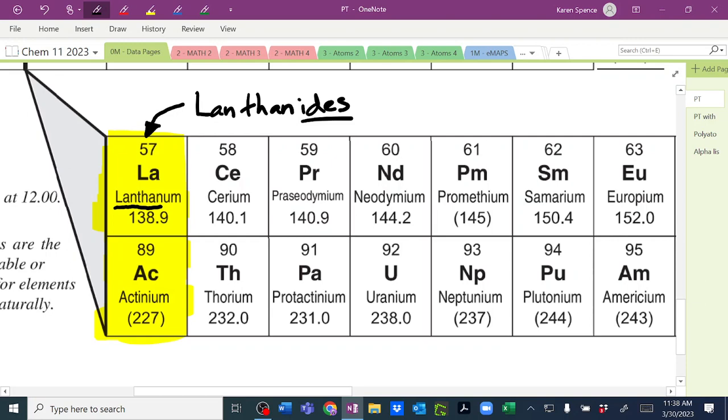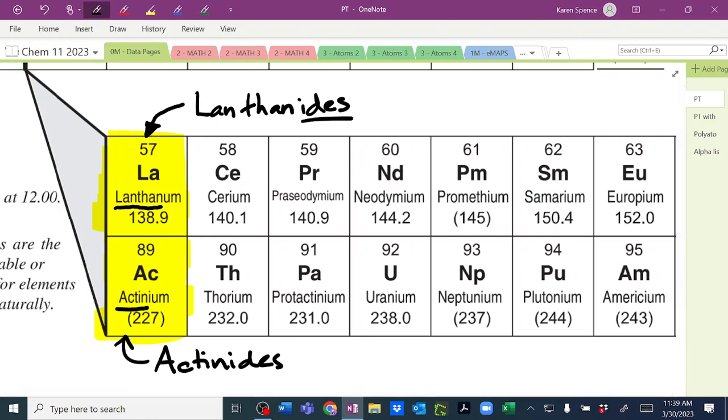Act. And then what's our second syllable? In. So we have actin and then ium. Actinium. So what do you think we would call that whole row? The actinides. Okay, so we have actin. These here are the actinides. So if you're like, wow, that's going to be hard to remember, it isn't, because it's almost written for you. You just have to take away the ium and write ides instead.